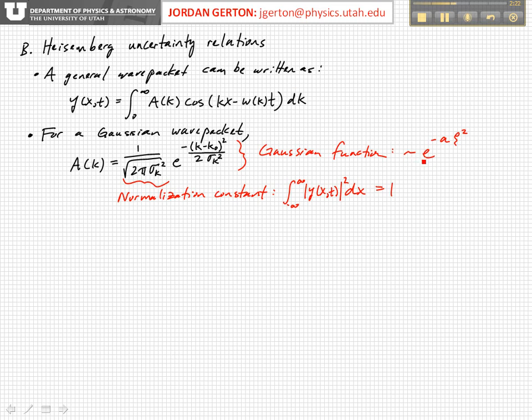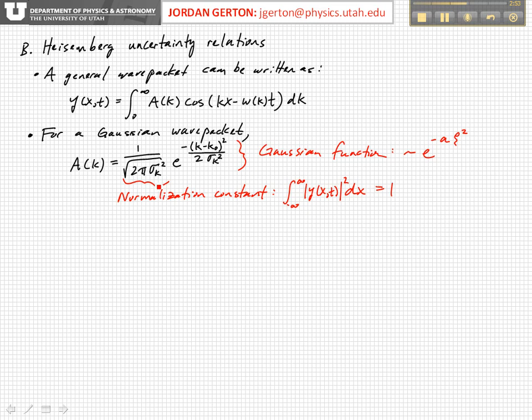Generally speaking, a Gaussian has a form of e to the minus a times some variable squared, where that variable can be a spatial variable or a wave number variable. Here it's a wave number variable, and a is equal to, in this case, 1 over 2 sigma k squared.